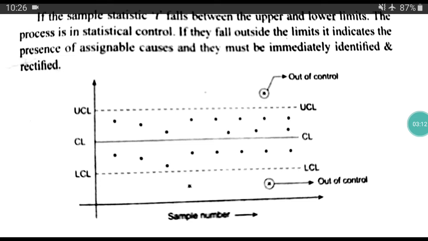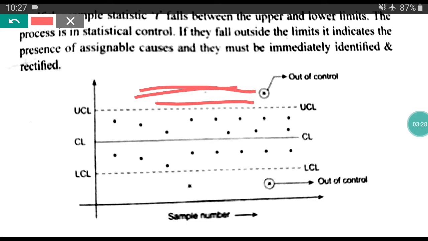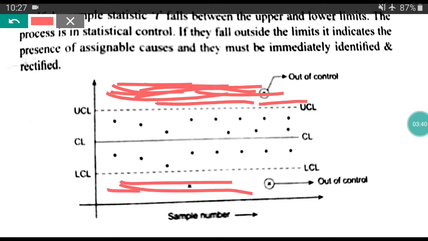See here, if one single point crosses above UCL, that is called out of control. If one point comes in this area, this is called out of control. And if your point comes below LCL, the lower control limit, it is also called out of control.